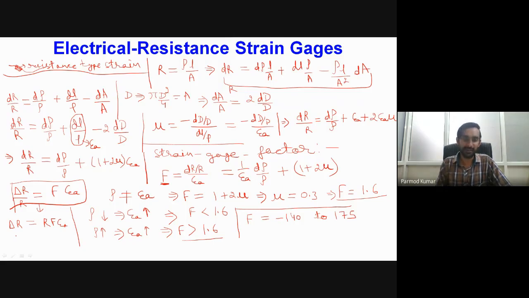So depending upon the sensitivity of the strain gauge we need for the application, we select the material of the strain gauge wire in order to get the desired value of the strain factor.